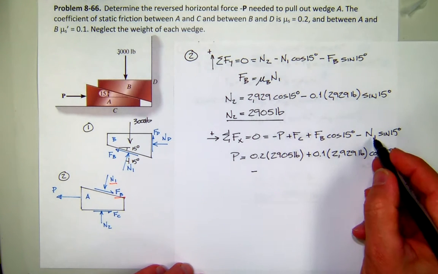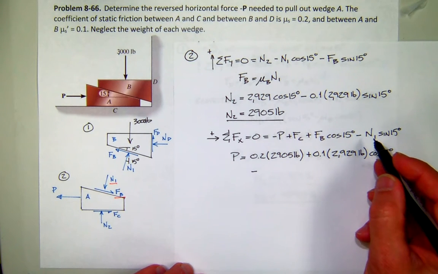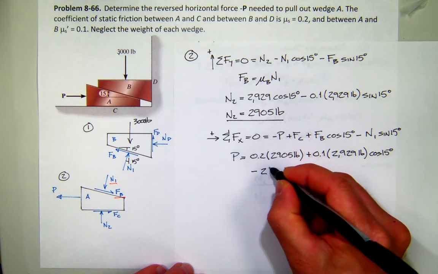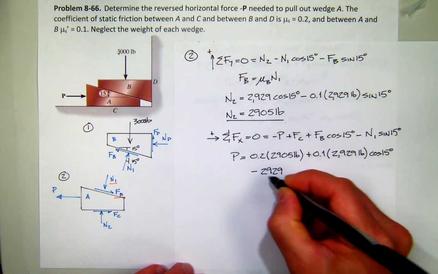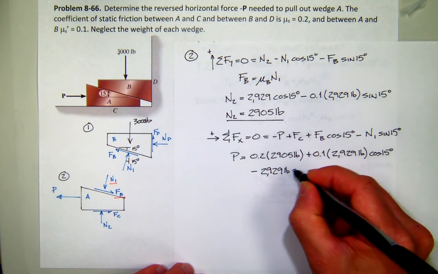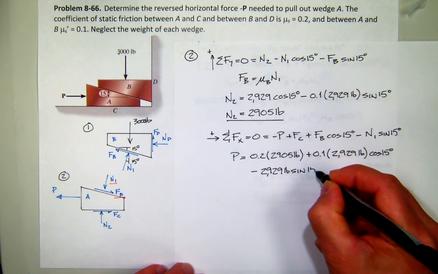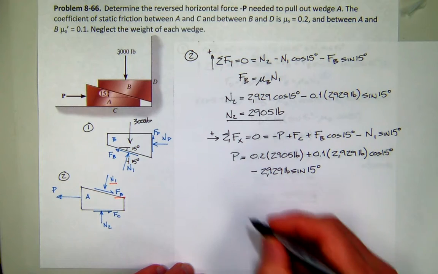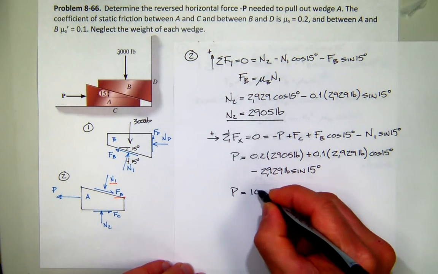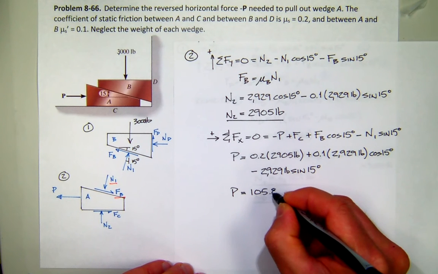And then minus N1, which is 2,929 pounds, times sine of 15. That's a lot of work. So what's P equal to? 105.8. Sounds reasonable to me.